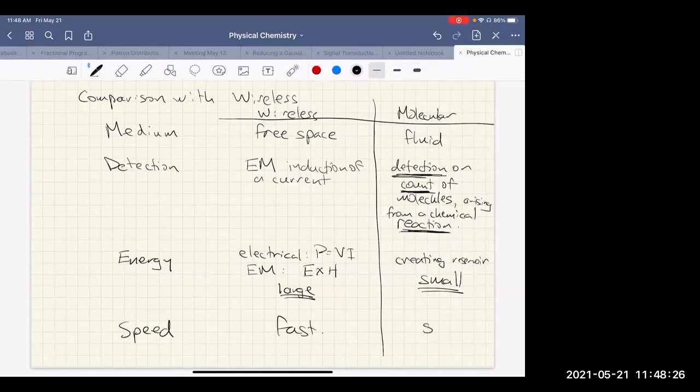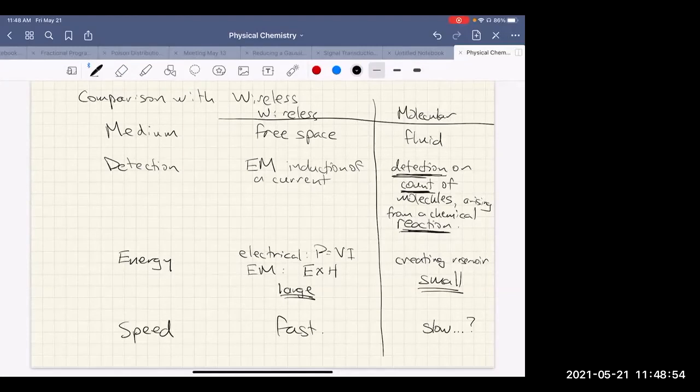Molecular is slow. However, I will show you later in this course that it's slow in small systems, but if you consider systems to be large, then you can actually counteract the speed disadvantage. However, that means you are also expending more energy because the system is larger.